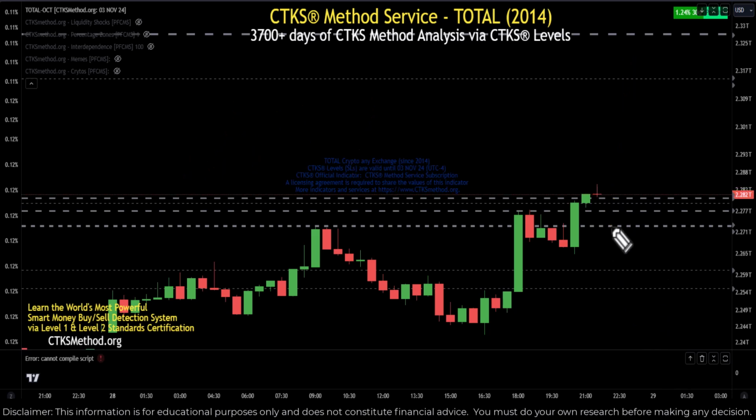And this is exactly why you need to know where the structure is. If you've got a lot of structure and you've managed to make your way through it, we didn't get through it here, we're starting to get through it right now. If you get onto the other side of that, that acts as structural support and it limits any downside activity in price.